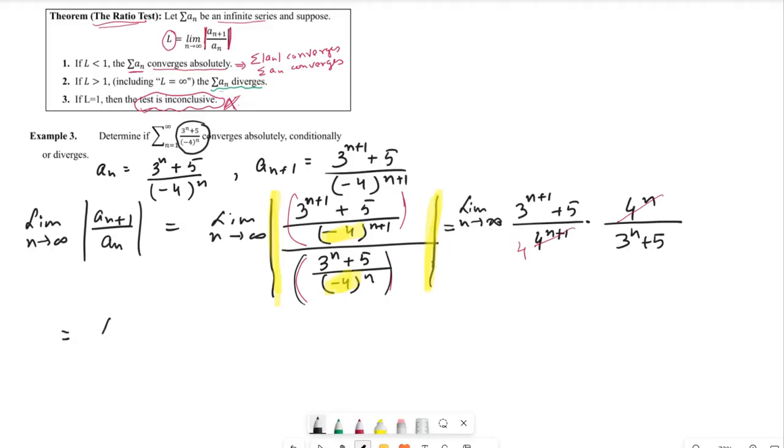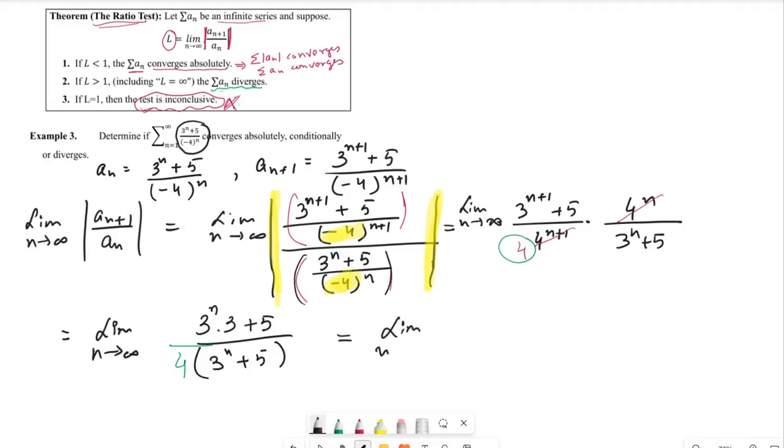So basically this is equal to the limit as n approaches infinity of (3^n times 3 plus 5) divided by (3^n + 5), and there is a 4 in the denominator. Now I need to find this limit. What I'm going to do is write it one more time to show you.